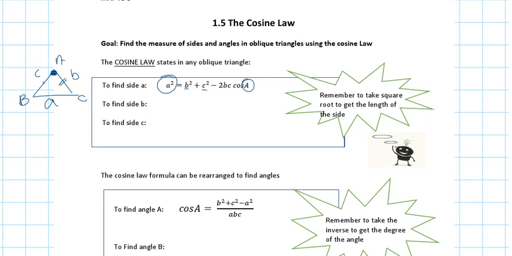So in this case, the formula becomes b squared equals a squared plus c squared minus 2ac cos angle B. Because remember, if I know the angle, I can look for the side that's left over. So always the side that you're looking for and the angle that you know, they're going to match.